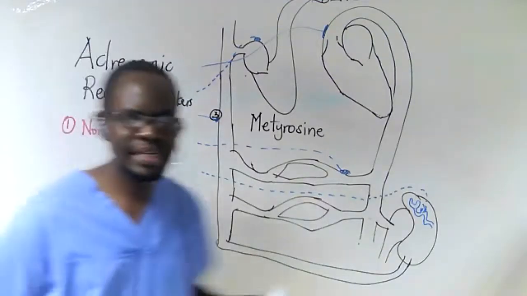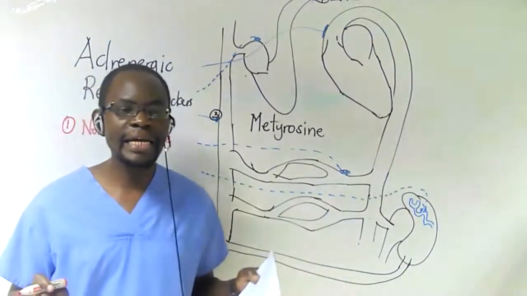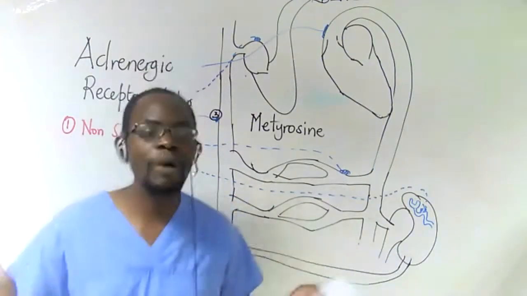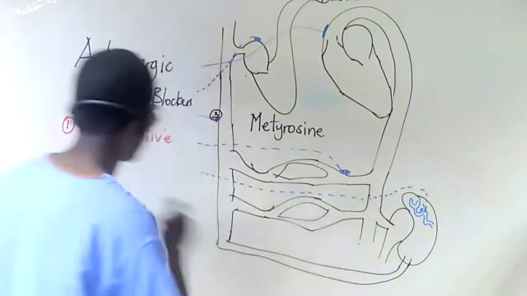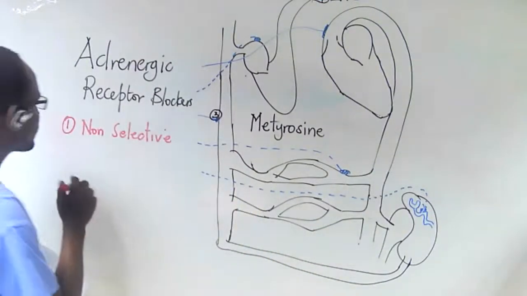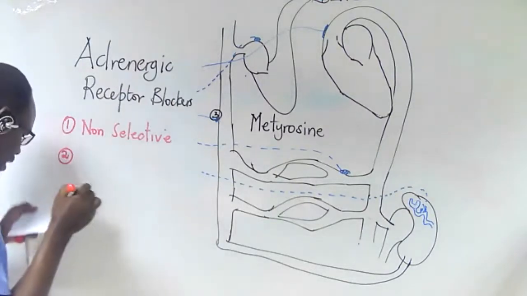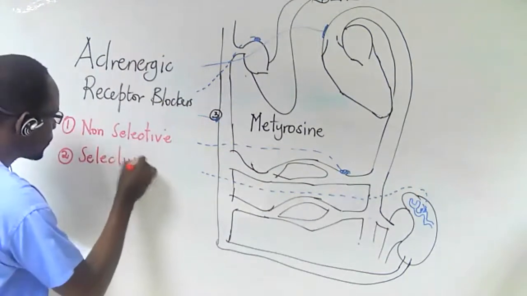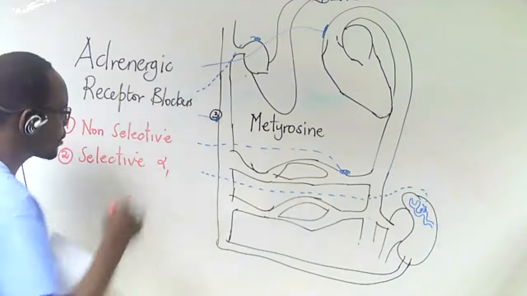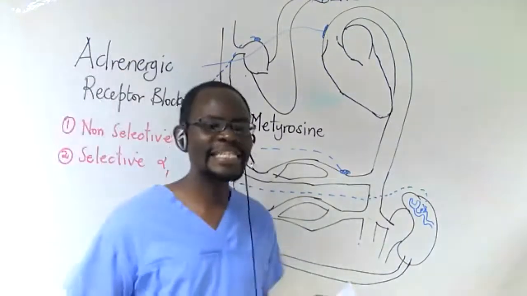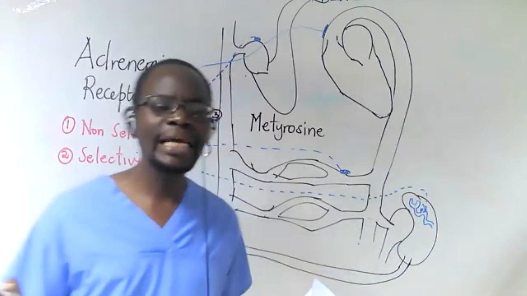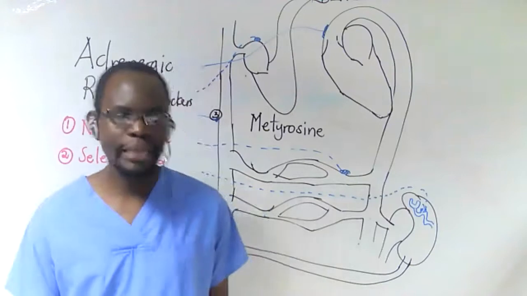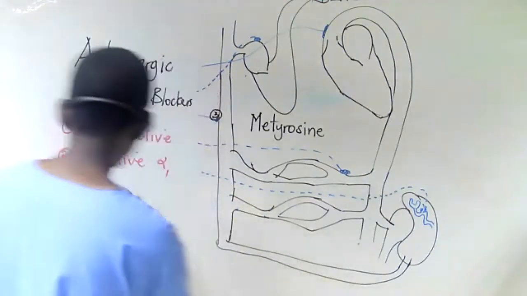By non-selective, it means they can inhibit alpha 1 and alpha 2. Then we also have the selective alpha 1 blockers. In other words, these only inhibit alpha 1, and for that matter, they are called selective.